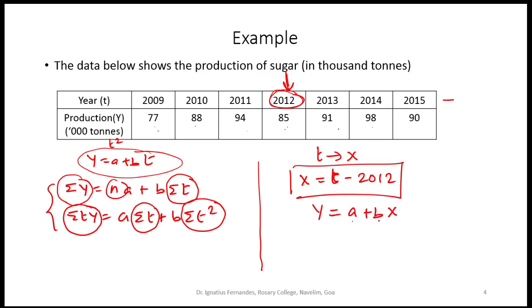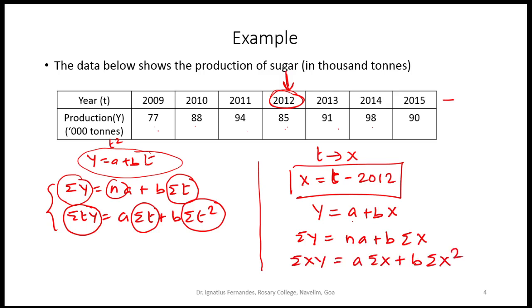This a and b will be found by the equations summation y is equal to n times a plus b summation x, and summation xy is equal to a summation x plus b summation x square.